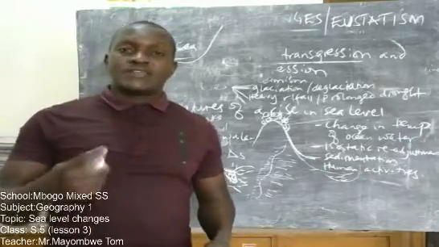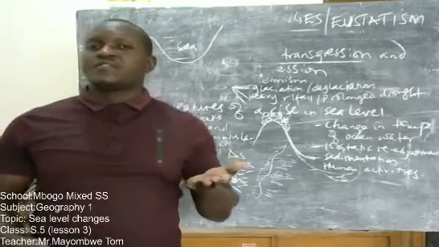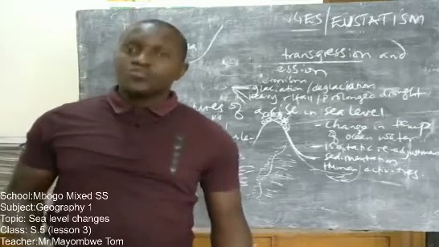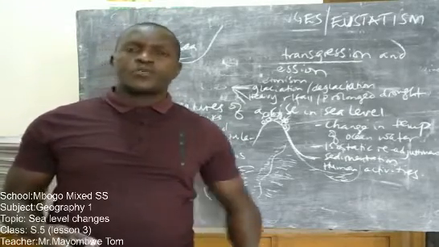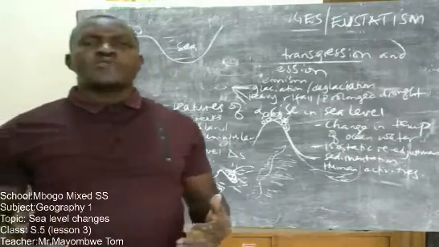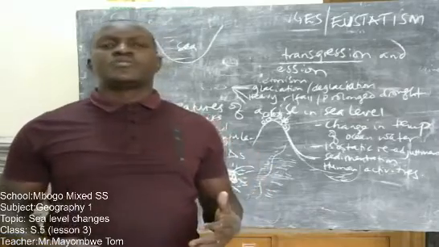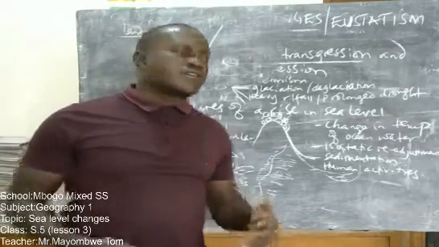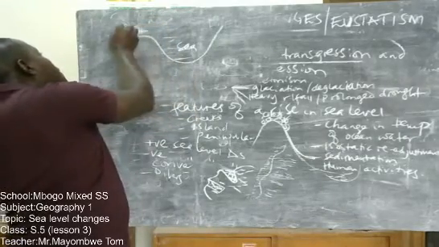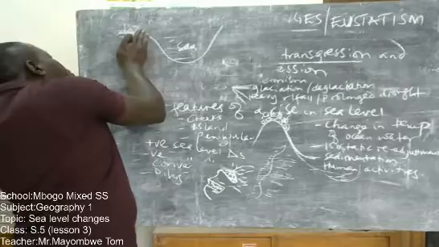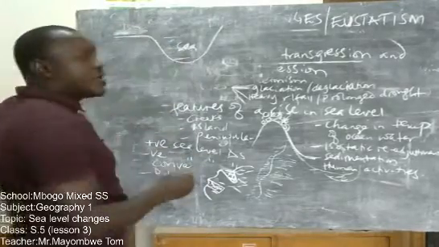So here we need to ask ourselves, what causes the land either to rise, to be uplifted, or to fall, to go downward? So denudation forces like erosion and weathering may occur and then remove the rock materials that may be resting over the land.